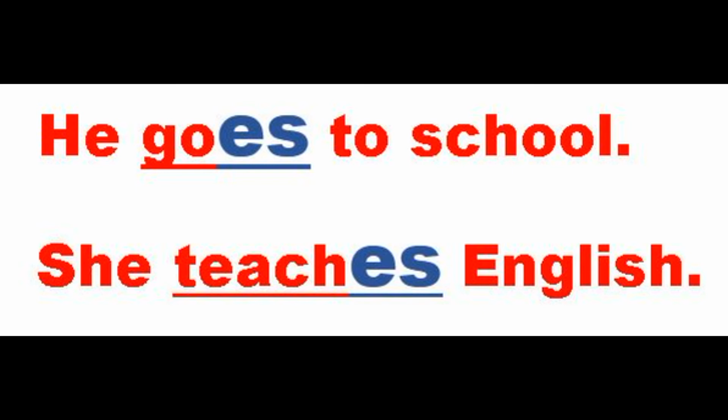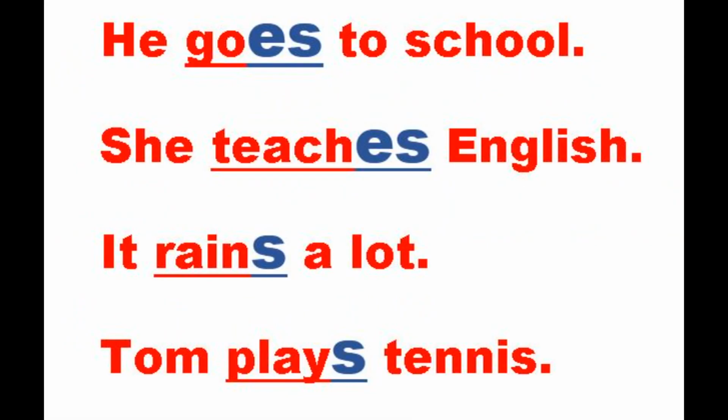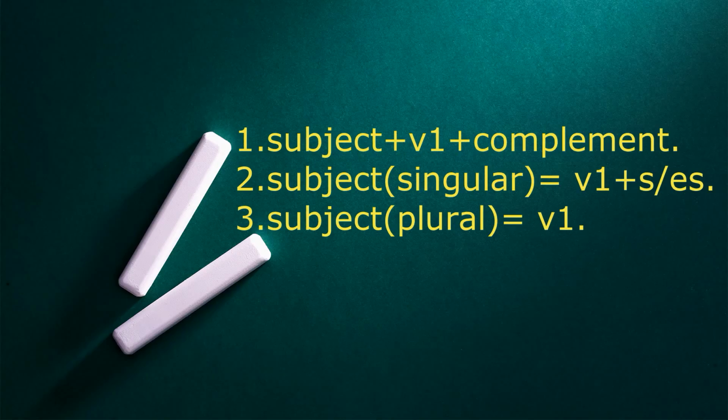Next examples, it rains a lot. Tom plays tennis. These two examples are similar. Here you can see that rains and plays end with s because the subject is singular. So from these examples we understood that the structure of simple present tense is subject plus V1 plus complement.